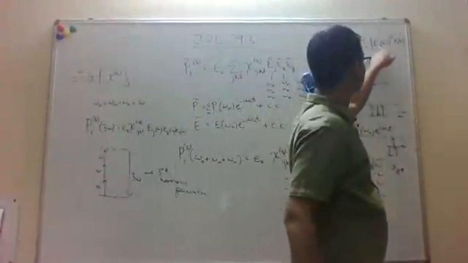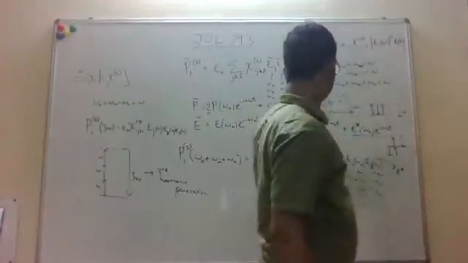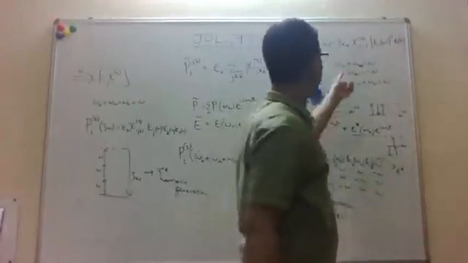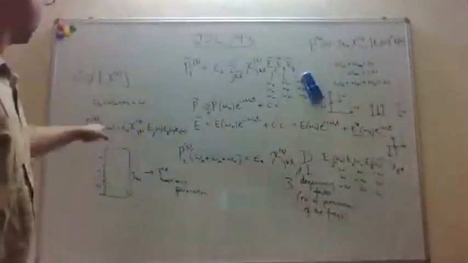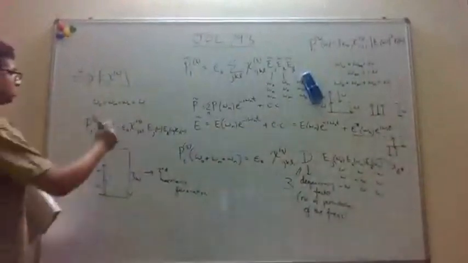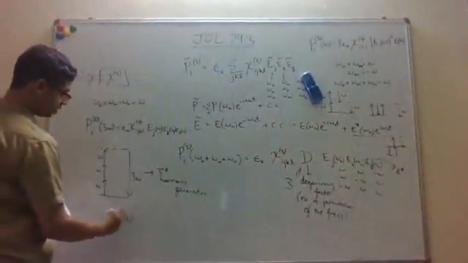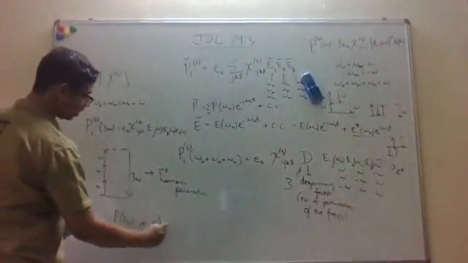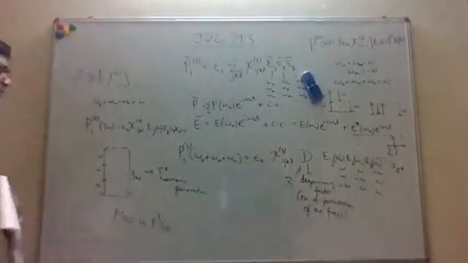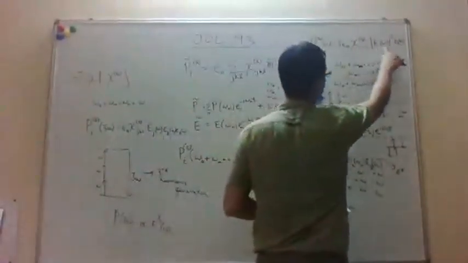So it's the same field which is coming 2 times as the primary part, and then one of them is the conjugate. So you get mod E square times. Okay, so here you get something like E of 3 omega is proportional to E cubed at E omega. Whereas here I get P omega, which is proportional to mod E square.